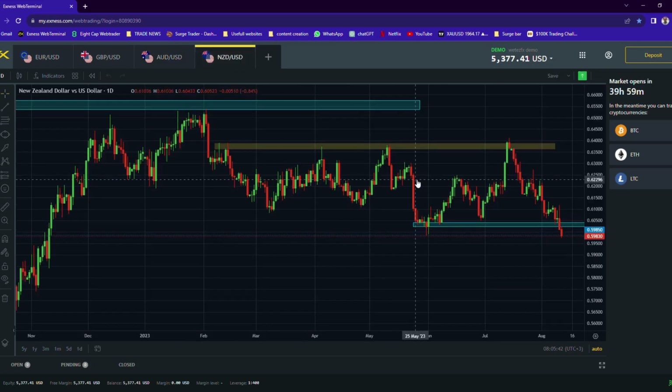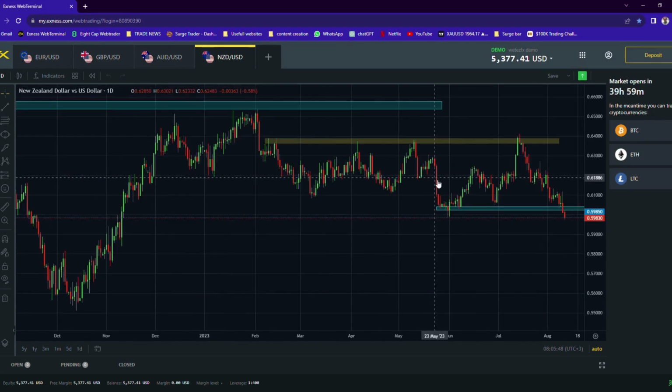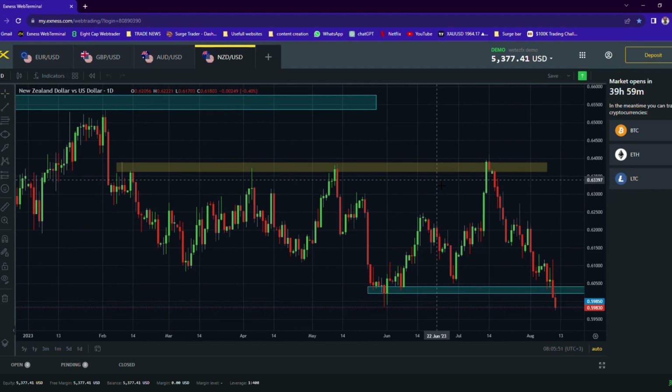And for New Zealand USD, it is the same thing as AUD. New Zealand USD is still bleeding pretty bad. So as you can see right there, NZD has already broken the support right there.